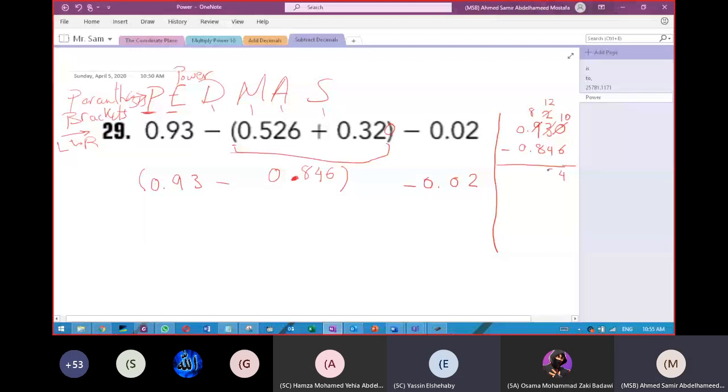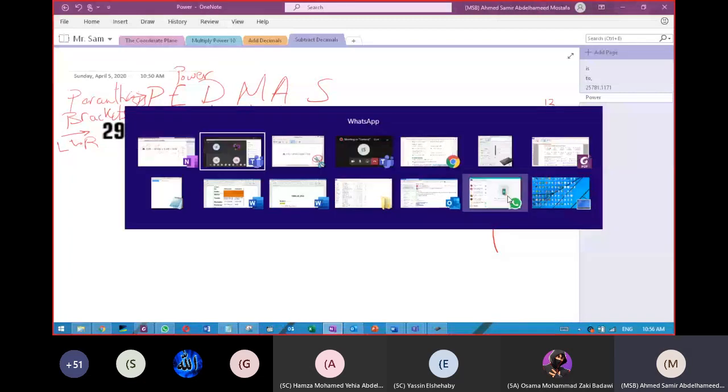Right. And 8 minus 8 is 0. And 0 minus 0 is 0. Don't forget the decimal point, mister. All right, so we're done with this part. Thank you very much for that, Yassine Al-Shihabi.